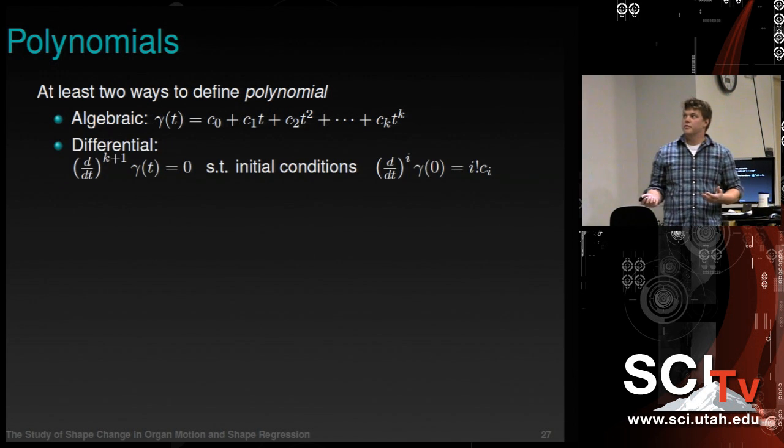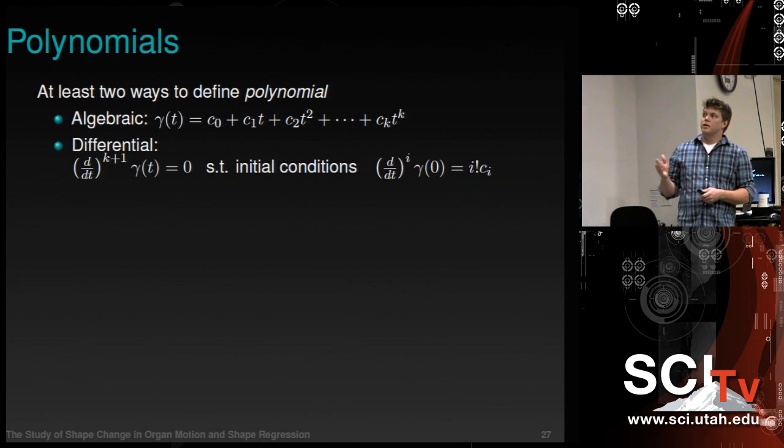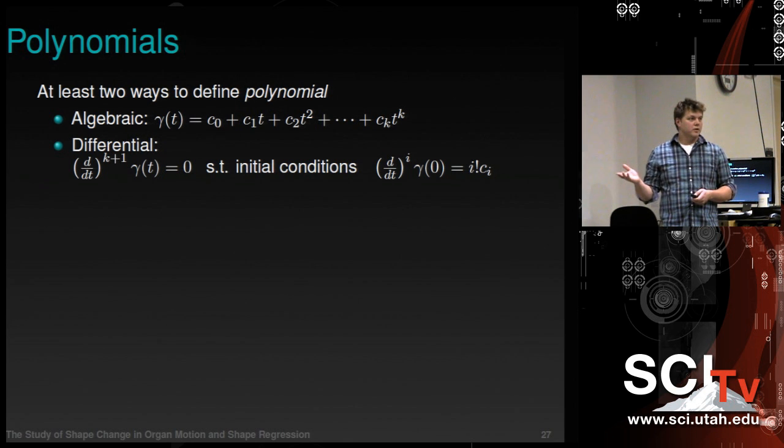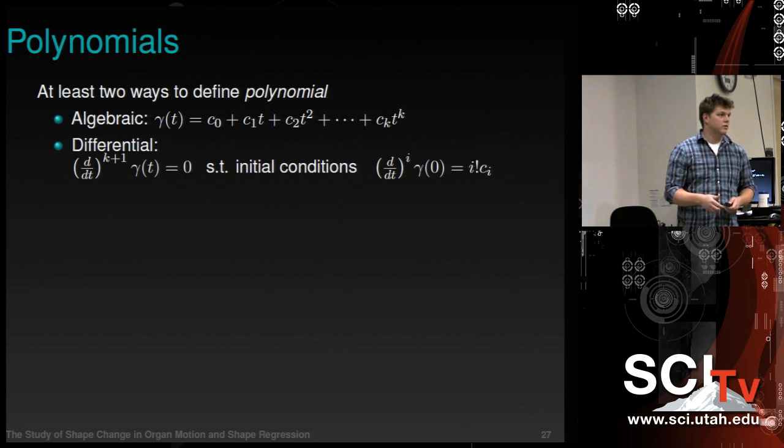There's also an equivalent definition that a polynomial gamma is just a smooth curve whose (k+1)th derivative equals 0, and k would be the order of the polynomial. And this class of curves would be parameterized by the initial conditions. So at time t equals 0, all the derivatives of gamma determine the curve. And they're related to the coefficients in the algebraic sense by this relation: you just multiply by the factorial of the power.